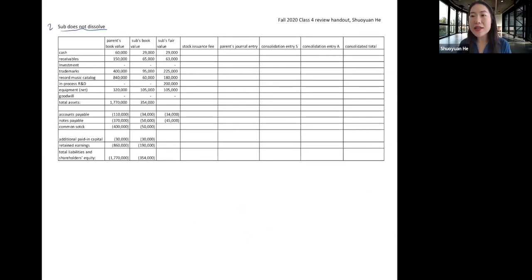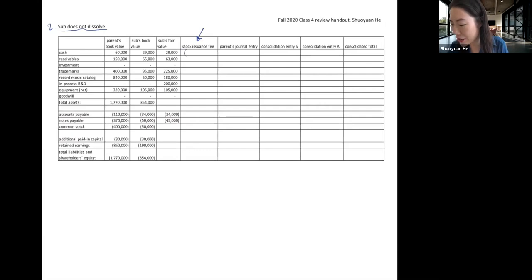And now let's look at the second situation, when there's no dissolution and the subsidiary does not dissolve. In this situation, the stock issuance fee journal entry is the same as before, independent of what we record for the acquisition. So this is just a separate journal entry.